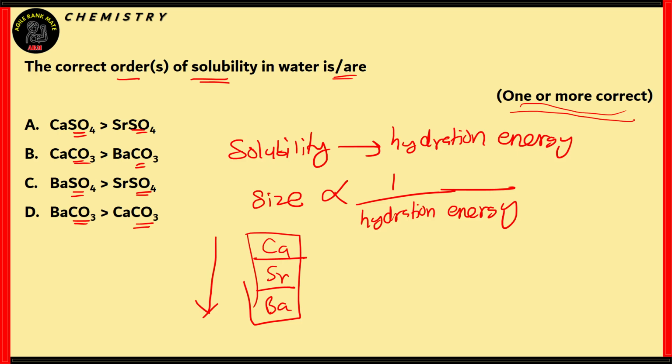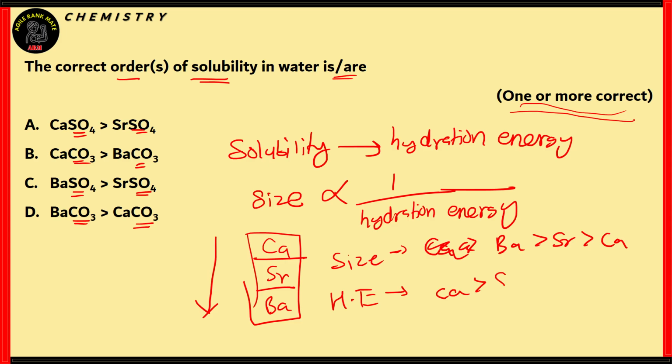So size, we get barium greater than strontium greater than calcium. So this gives hydration energy as calcium greater than strontium greater than barium.